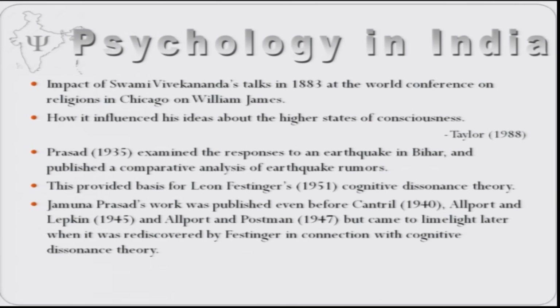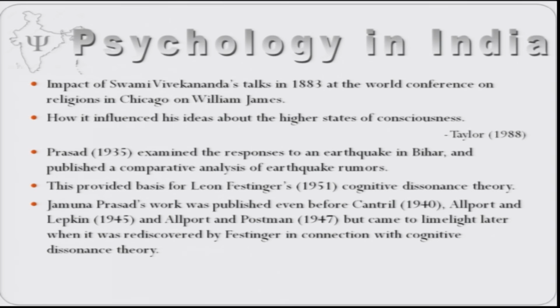One very interesting work on rumors was proposed by Jamuna Prasad. This work examined the response to an earthquake in Bihar, and it was published in the British Journal. Much later, this provided the base for Festinger's cognitive dissonance theory.